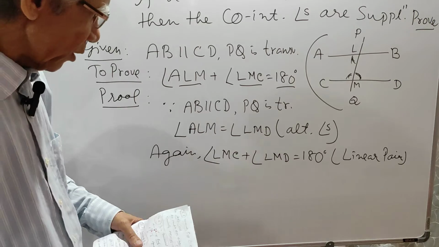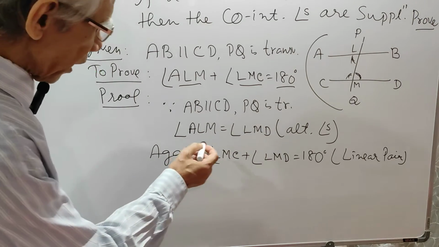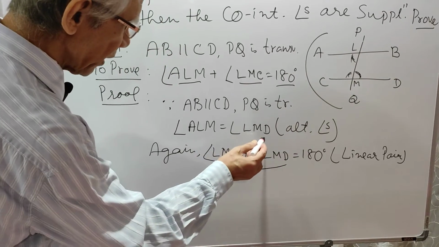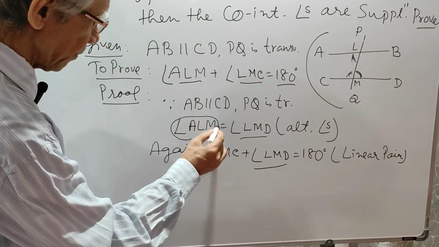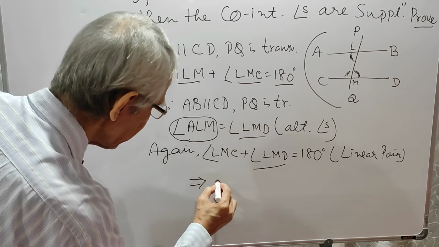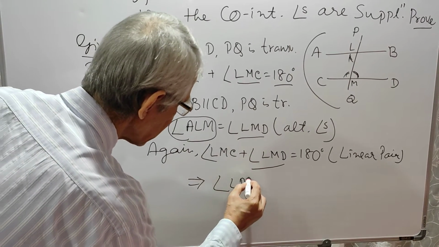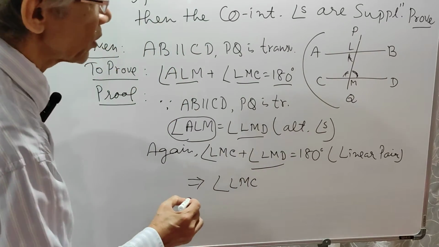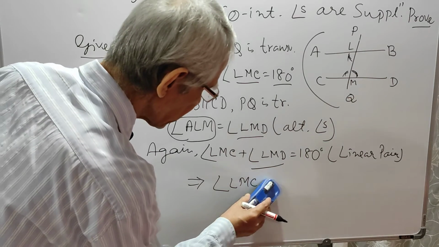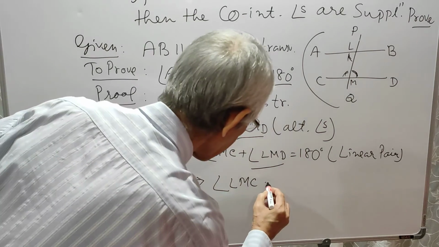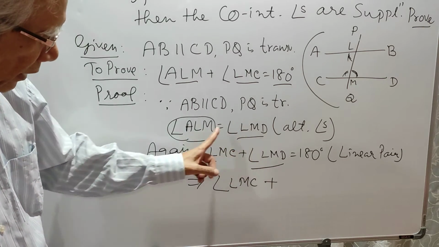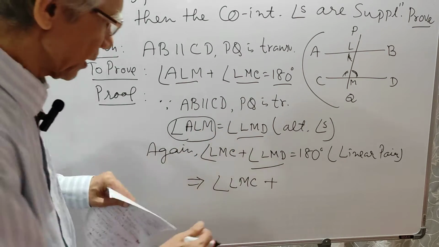Now you see, in place of LMD, what can you write? ALM, because they are equal.